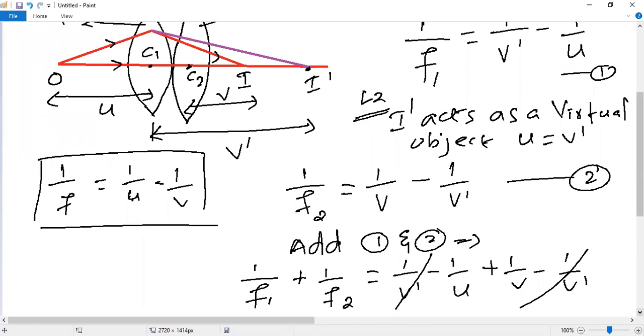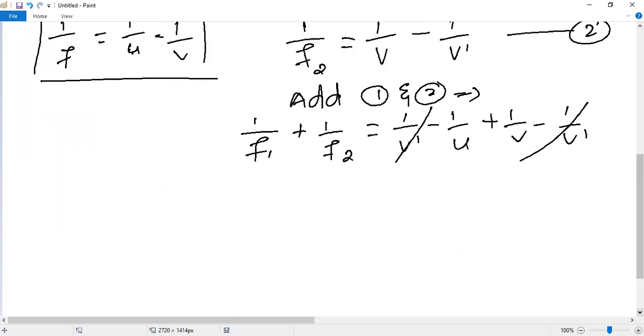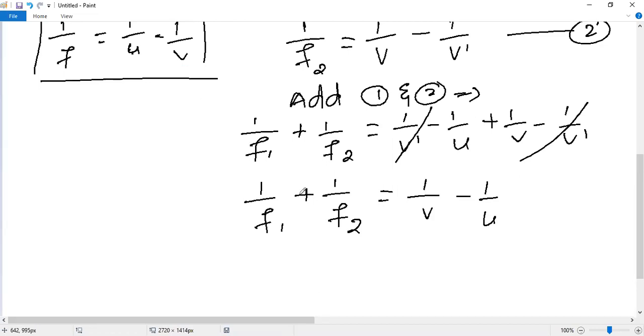The remainder, you will get 1 by f1 plus 1 by f2 equal to 1 by v minus 1 by u. What is 1 by v minus 1 by u?